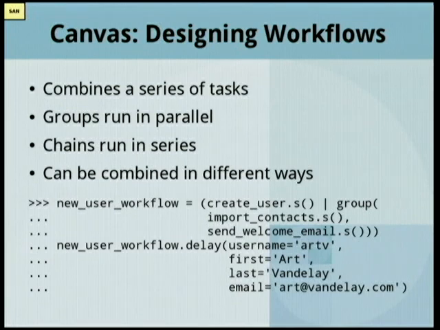You can create groups, so you can say, I want this task and this task and this task to run, and they don't depend on each other, they can all happen in parallel. But then you might need to say, tasks do depend on each other, and so you have this concept of chains that run in series. You can combine series of groups and chains, and there are also things called chords and maps and various things that will build a graph-shaped series of dependencies.